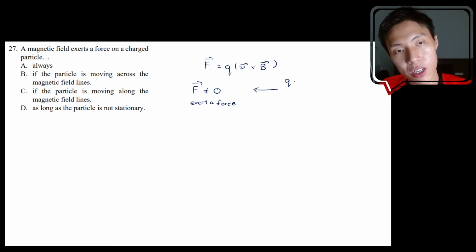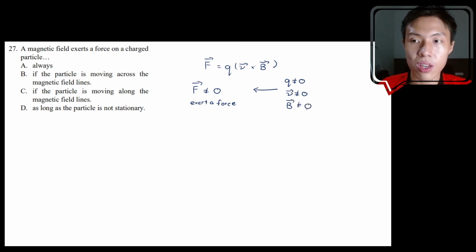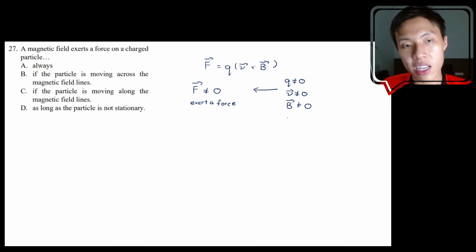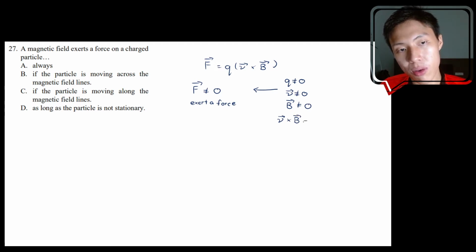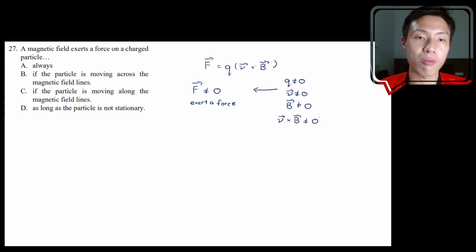Your Q must not be equal to 0. Your v must not be equal to 0. Your B must not be equal to 0. Okay, but there's also one thing. Your v cross B cannot be equal to 0, only then your force cannot be equal to 0.